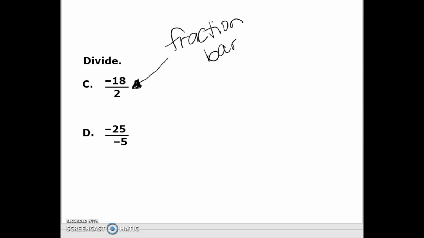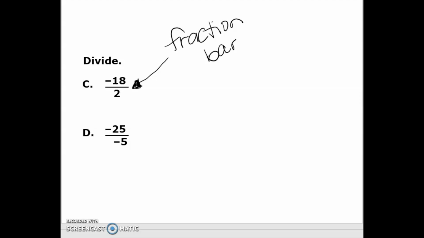As we move closer to getting ready for algebra, we're going to be doing lots and lots of more complicated problems, and so we're going to use the fraction bar. The fraction bar tells us that we're going to divide everything in the numerator by everything in the denominator.